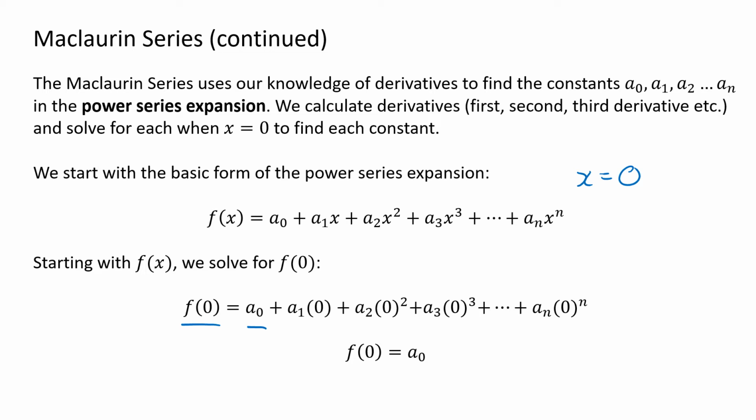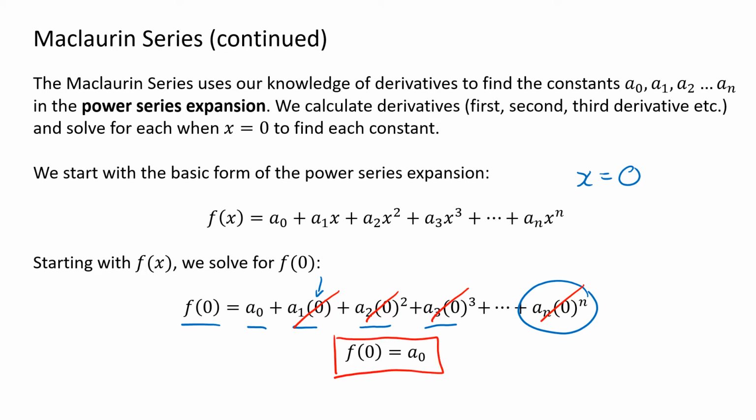It doesn't have an x beside it, so it's just a0, plus our second term, a1 times 0, plus our third term, a2 times 0 squared, fourth term, a3 times 0 cubed, all the way to our last term, a n, whatever that constant is, times 0 to the n. So all of these terms with an x go away.